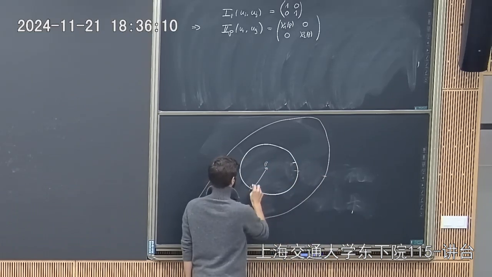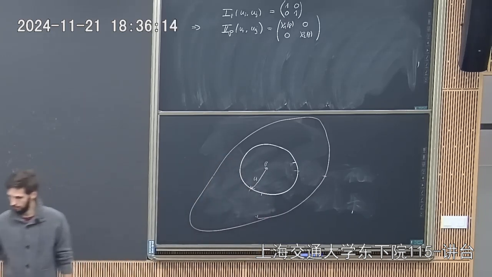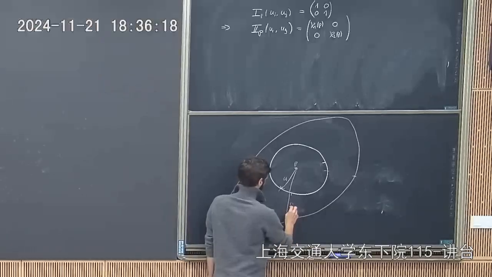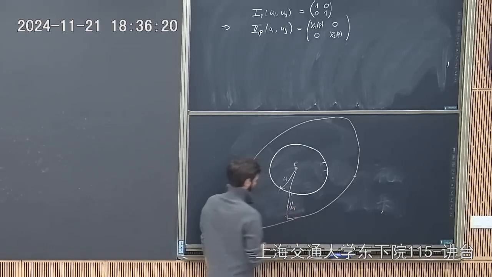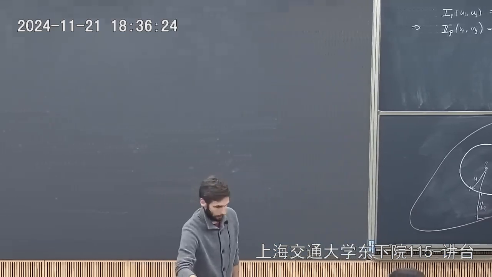same setting, we have a vector u, and we apply the shape operator, and then we get a vector sp of u. So that's the picture.